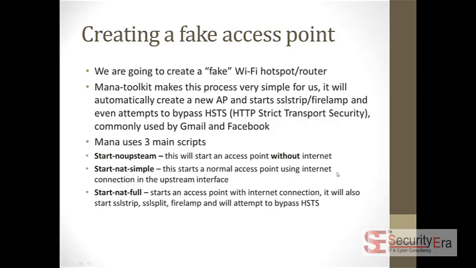We are going to be using this one here. So it's just going to start a normal access point using an internet connection with upstream interface. But there's also another one which is NAT full, and this one will use the bypasses for the security, and it'll start SSL strip, SSL split, and file lamp, which I'll discuss later in the video.